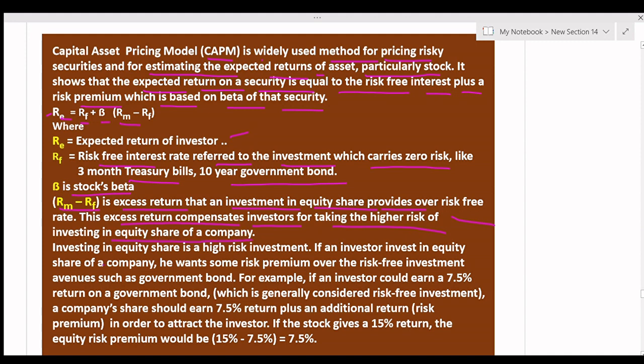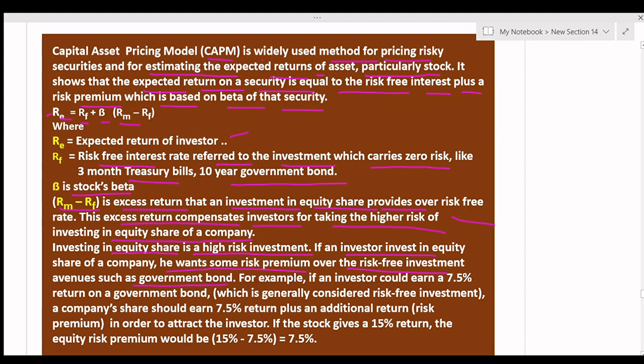Now, investing in equity share is a high risk investment. If an investor invests in equity share of a company, he wants some risk premium over the risk-free investment avenues such as government bond.